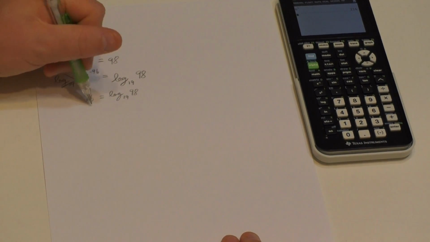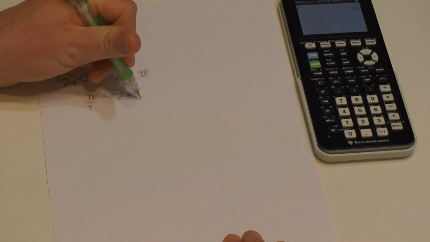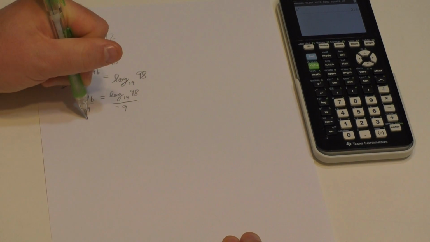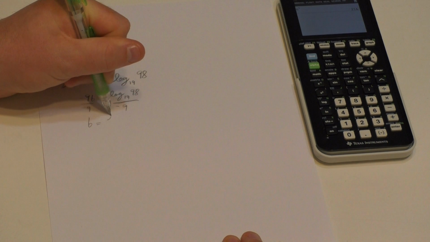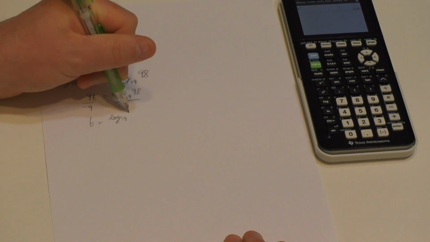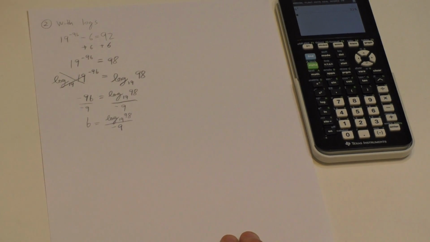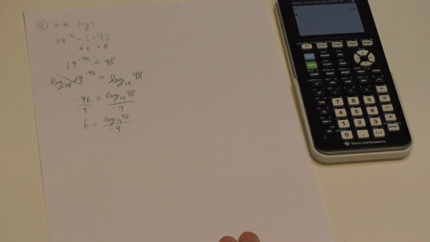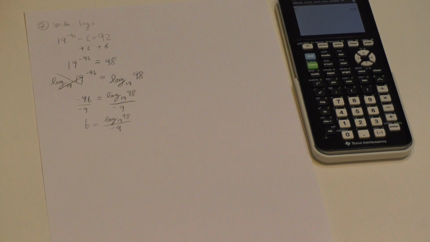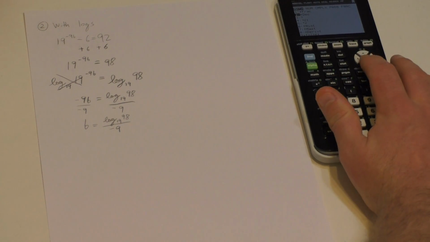Okay. And if I want to solve for b, I'm just going to divide by negative 9 on both sides. And I get this right here. Now, if you want to keep it like that, I'm fine with that. But a lot of times, you have to make an approximation with your calculator.